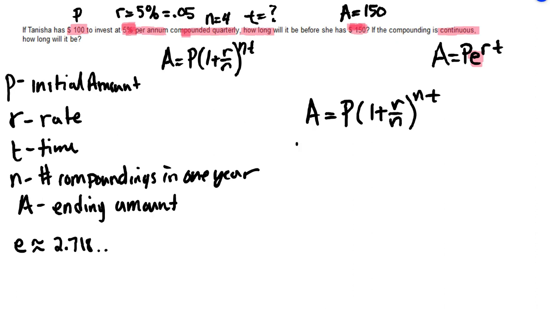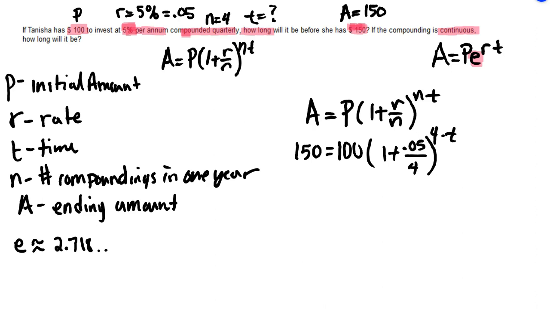A, our accrued amount, is $150. Our principal, our initial amount, is $100. We have an interest rate of 5%, compounded quarterly, so n is 4. And our time is the unknown in this equation.